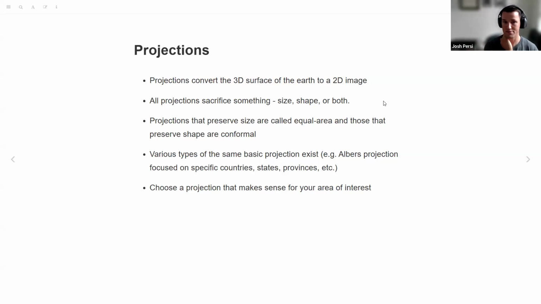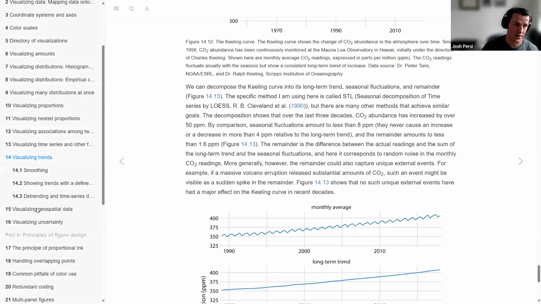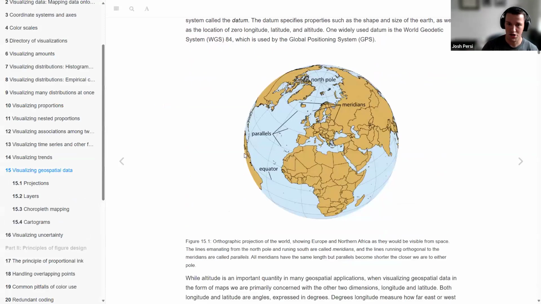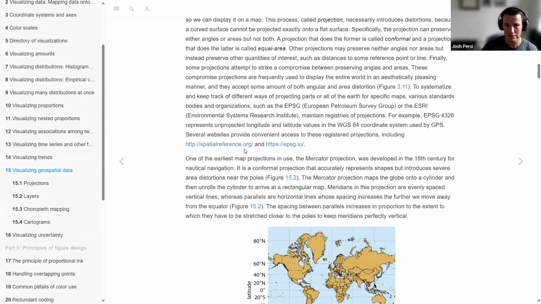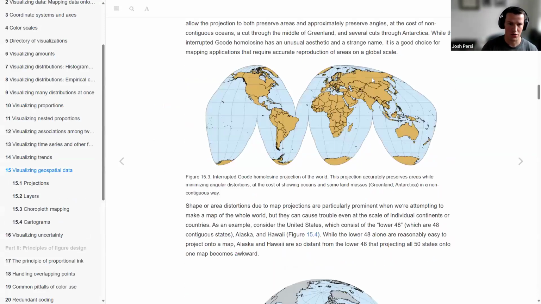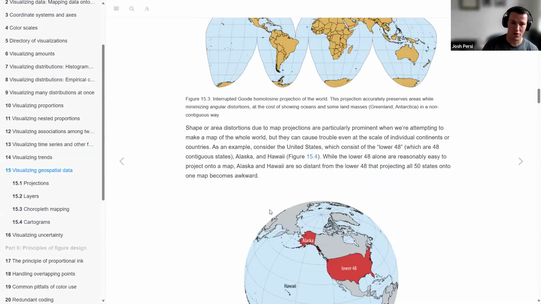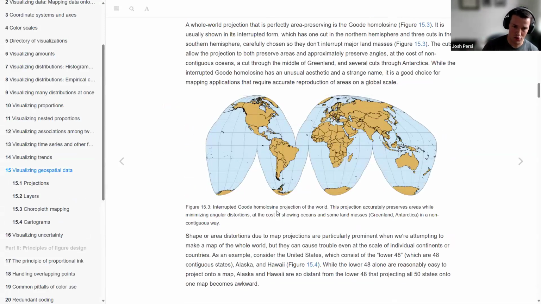Mercator was very popular and is still used in Leaflet as the web Mercator projection. If you are often plotting global data, the author makes a recommendation for a particular projection, the Goode homolosine. I don't know how to pronounce that word.